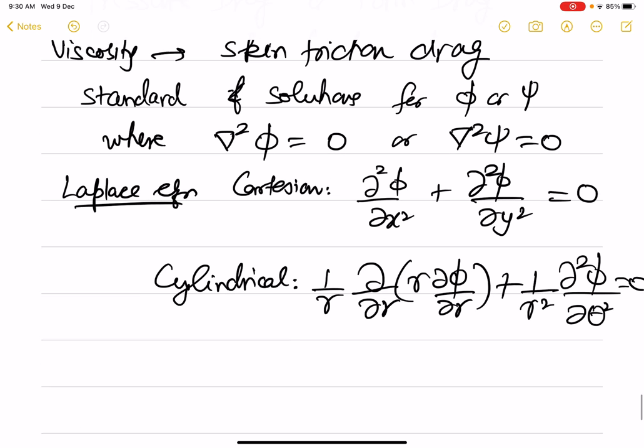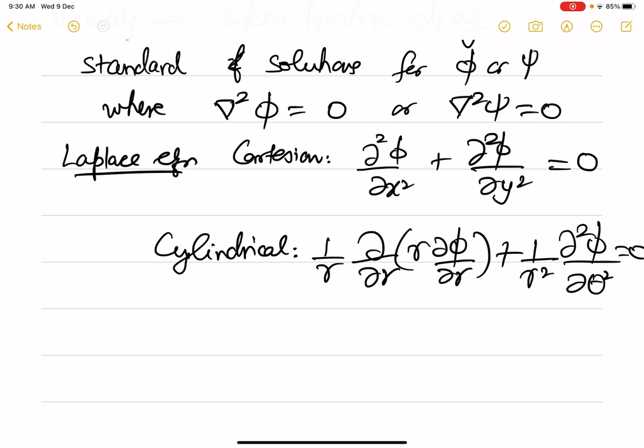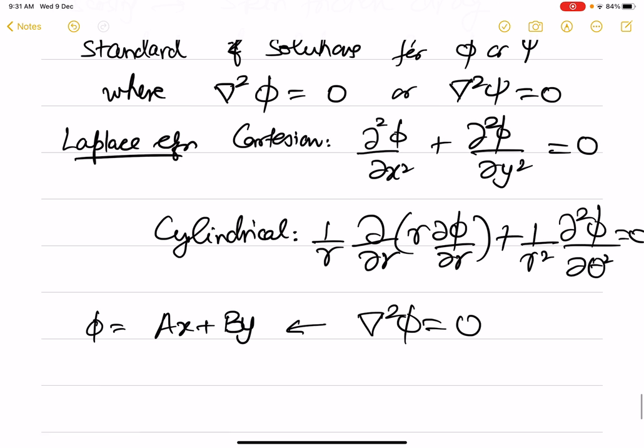These are the two versions. So clearly, if phi is of the form ax plus by, then del square phi will be 0. This is one of the simplest forms we can think.